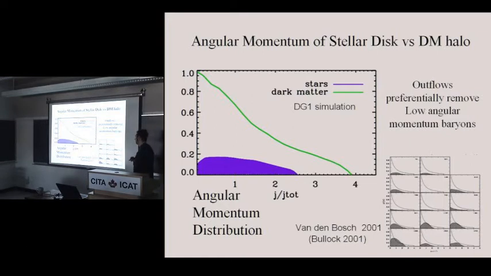You can see that you have a real deficit of these low angular momentum baryons, and you can see that our simulation has a relatively similar distribution, where you've really managed to kick out all of these low angular momentum baryons, and the high momentum ones haven't quite got in. They're sort of sitting out in the halo.